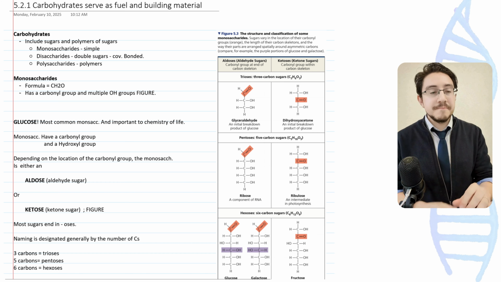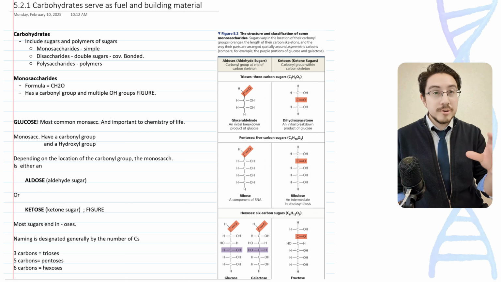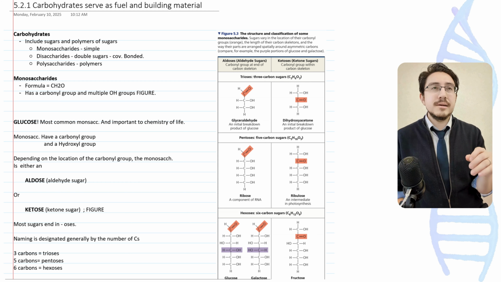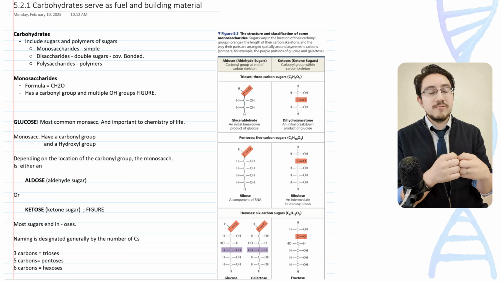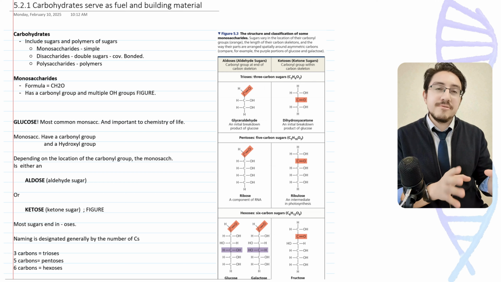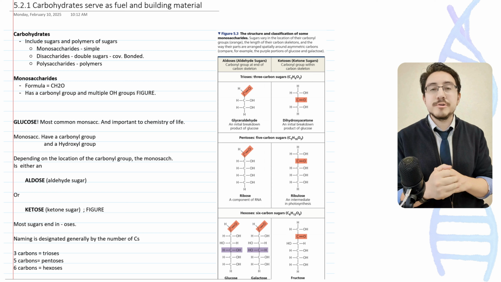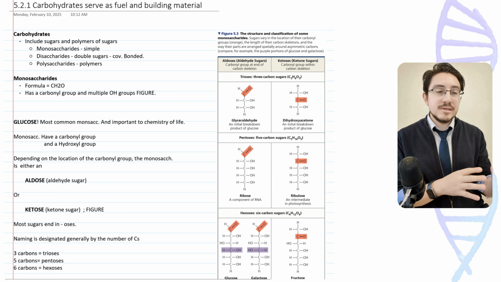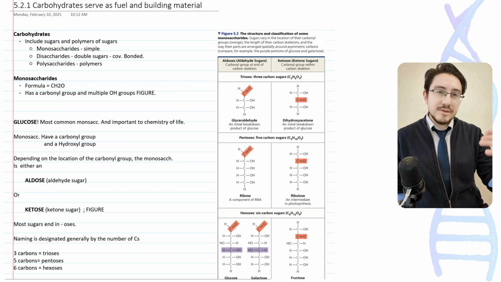Poly meaning many. So focusing on monomers, you have the monosaccharide group. Generally, when you want to know the chemical formula of this particular structure, you have this base formula to calculate for monosaccharides. It's basically CH2O, and you will have multiples of this ratio.